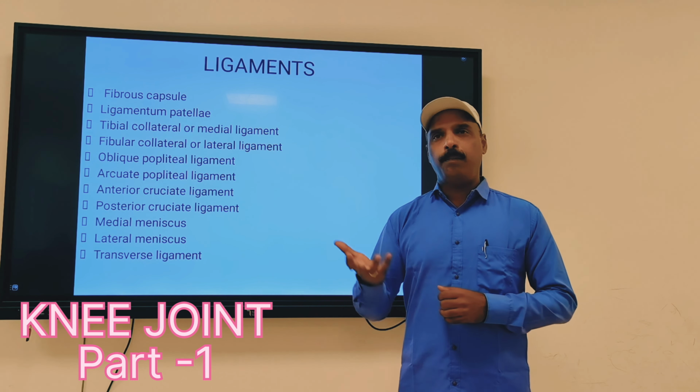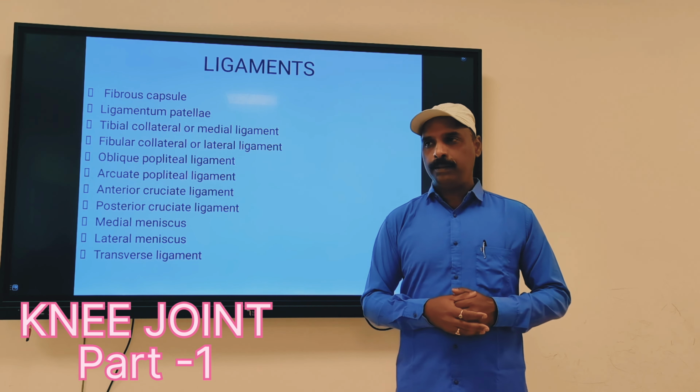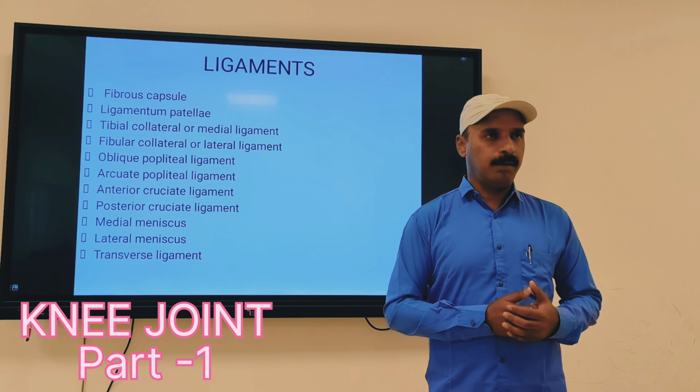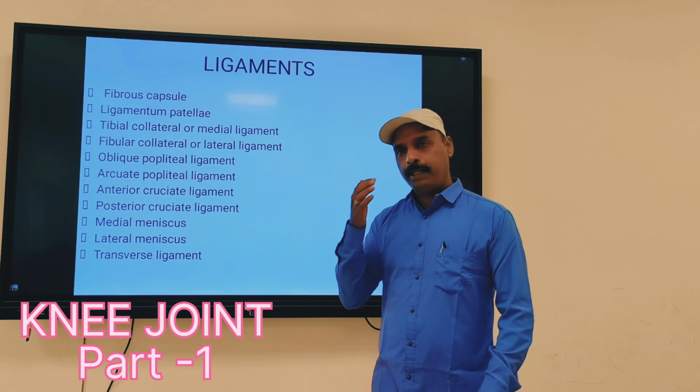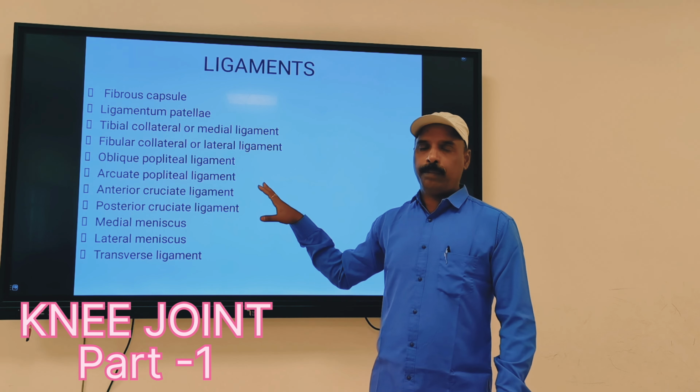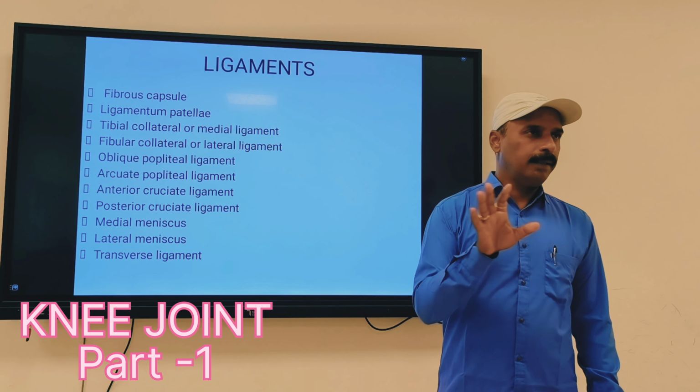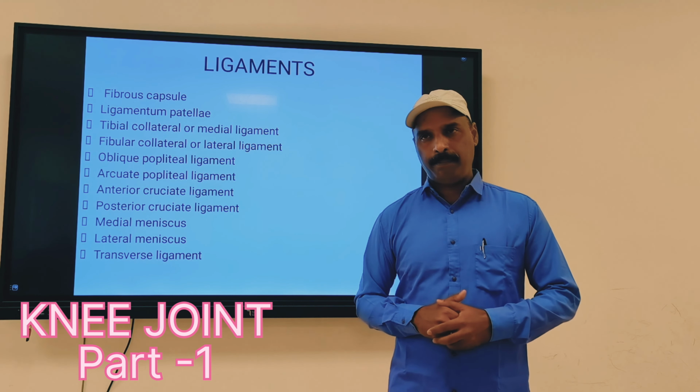Many bones are there, complex, compound joint, hinge variety. Usually hinge type of joints are very strong. But here, you have to remember that structurally the knee joint is a weaker joint.